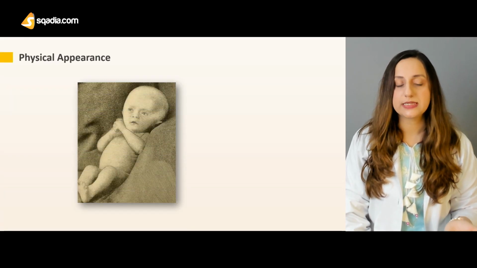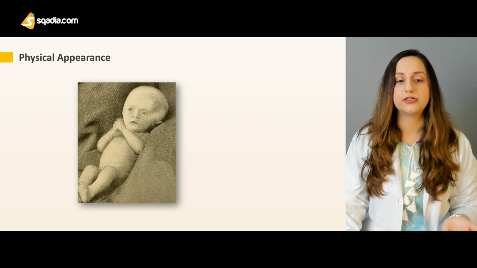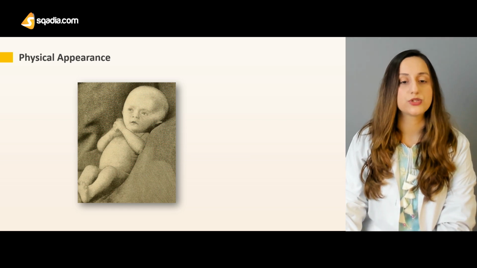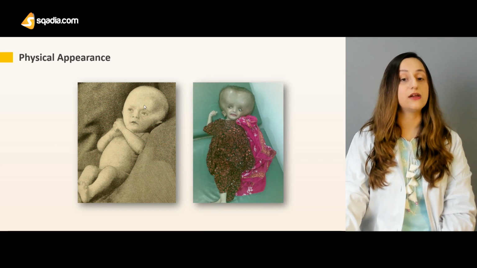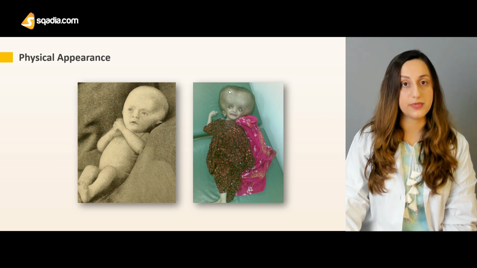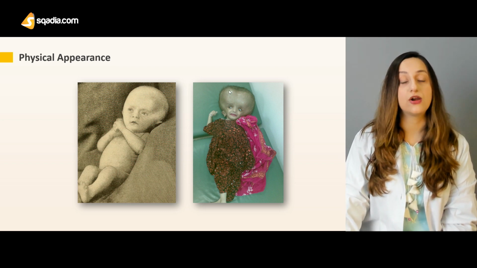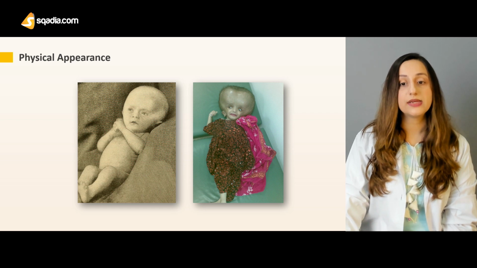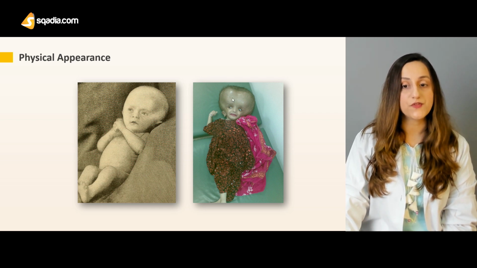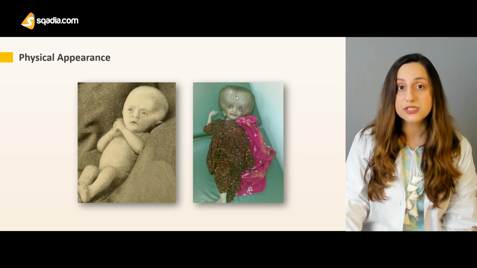The physical appearance is sort of like this. Over here, you can focus on the fact that we have an enlarged head size in both of these pictures, clearly showing an enlarged head size. There is the separation of the cranial sutures noted. The anterior fontanelle may fail to close down.